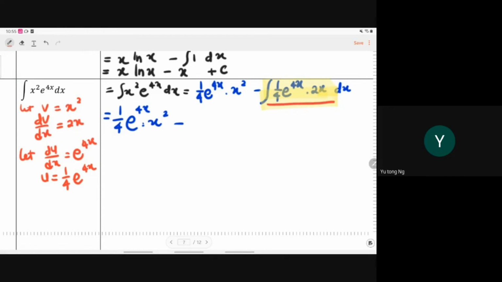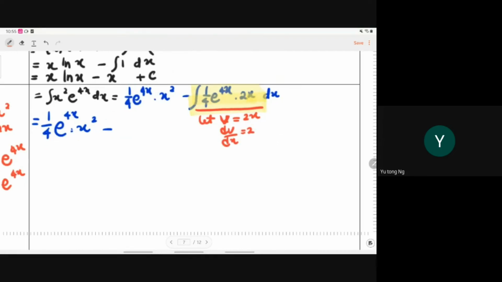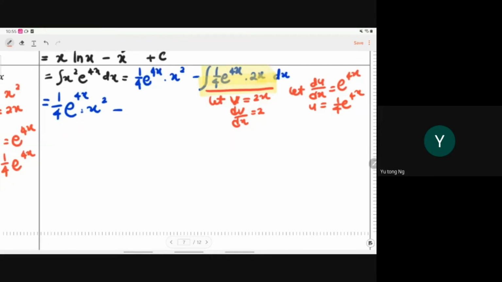I'm going to let v equals to 2x, so my dv dx equals to 2. And then let du over dx equals to e for x. Assuming the 1 over 4 we take out. And then your u is 1 over 4 e for x. Then we can get the full integration product from here.